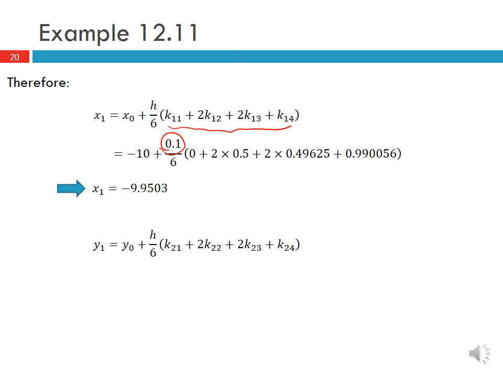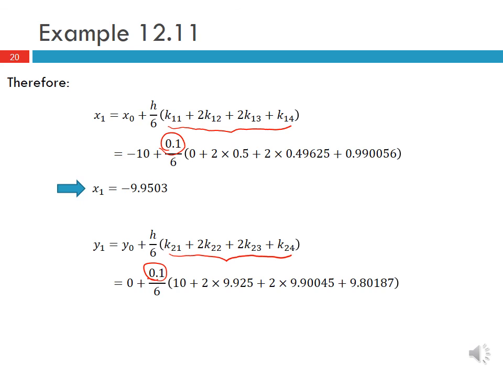Similarly, y1 is equal to y0 plus h over 6 times k21 plus 2k22 plus 2k23 plus k24. Plugging in all of those values, with h equal to 0.1 and y0 equal to 0, we find that y1 is equal to 0.990883.